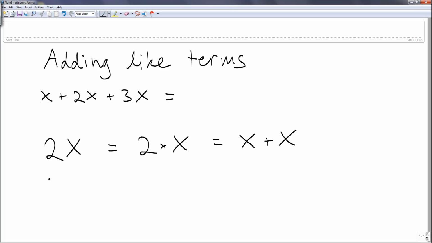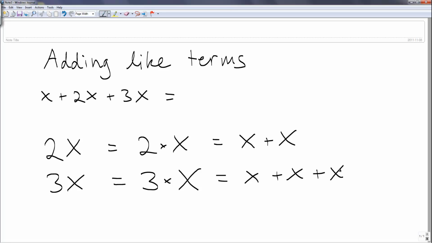Same thing with 3x, we really mean 3 times x, but we don't write out the multiplication sign. This means 3 x's, so x plus x plus x.